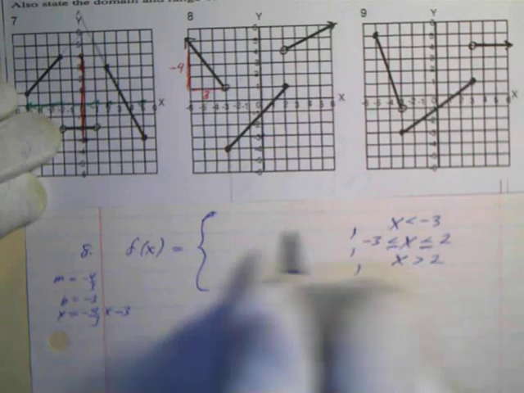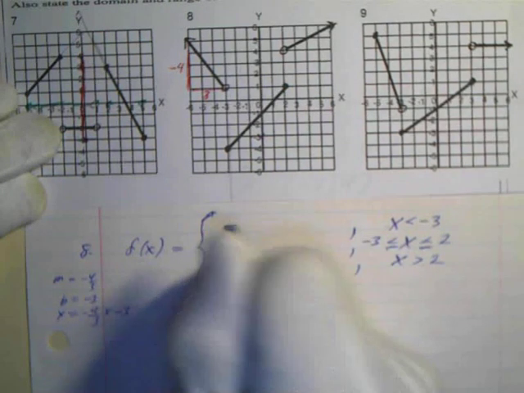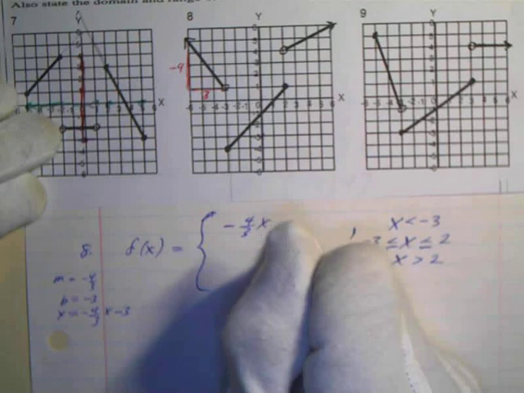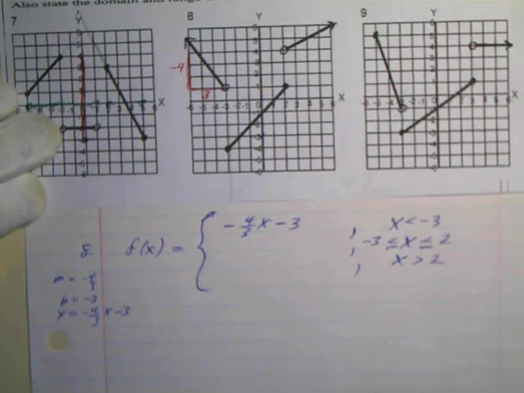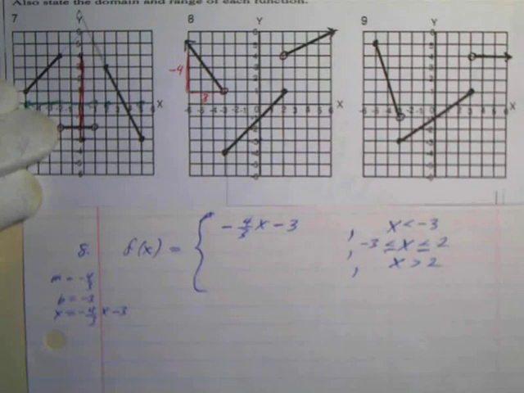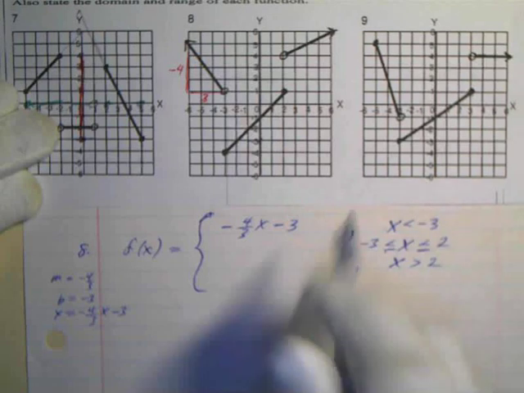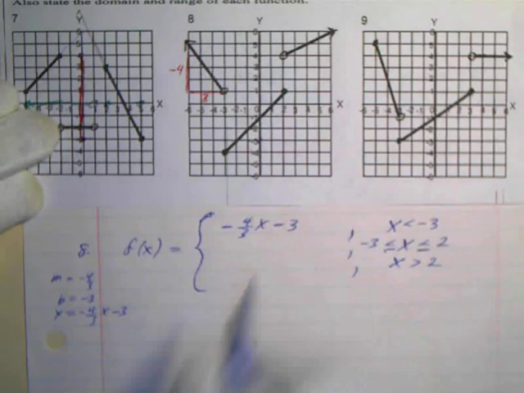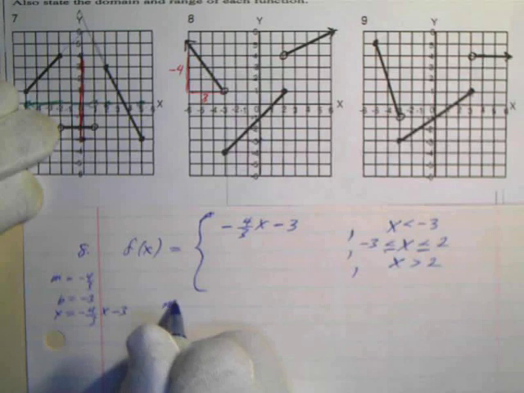Okay. And the next one over here, it looks like my slope is a nice 1. So it looks like m equals 1.